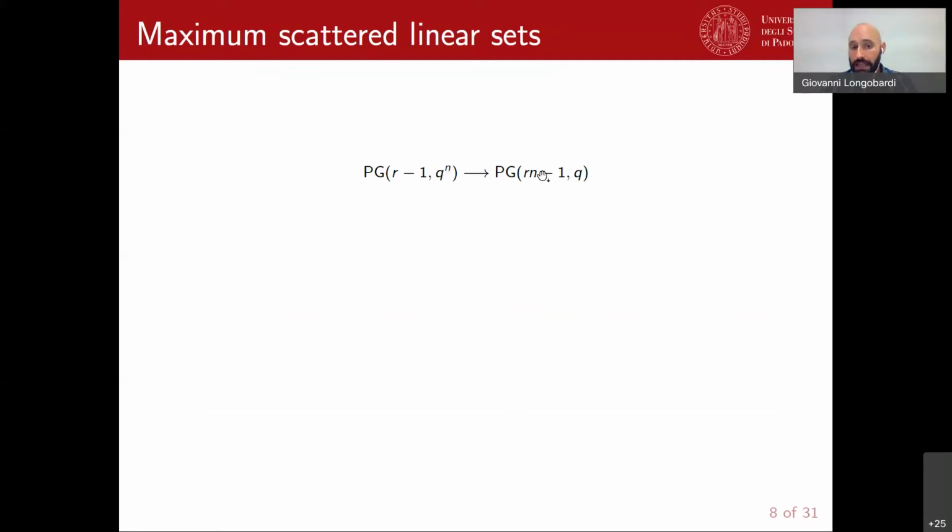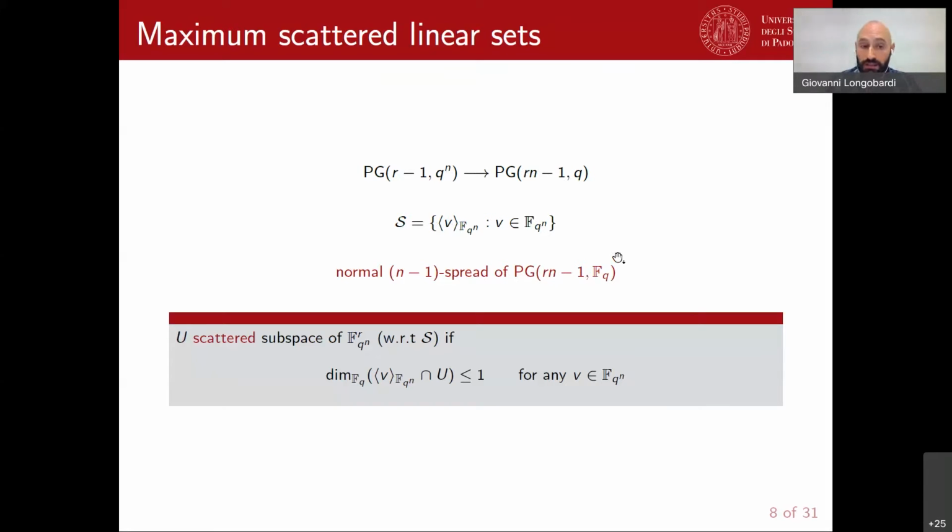So we have a link between this projective space of dimension r-1 and a projective space of dimension rn-1. The set of points here becomes a set of (n-1)-dimensional projective subspaces, and this set is called the normal (n-1)-spread of this projective space.